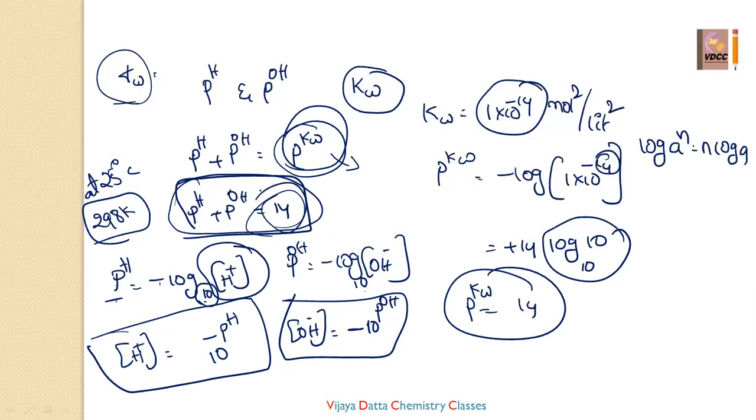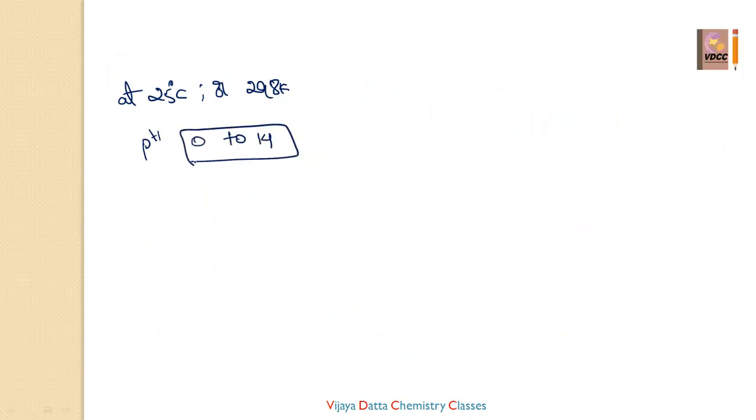According to this, at 25 degrees Celsius or 298 Kelvin, the pH range for the given solutions will be between 0 to 14. So the pH scale range lies between 0 to 14.